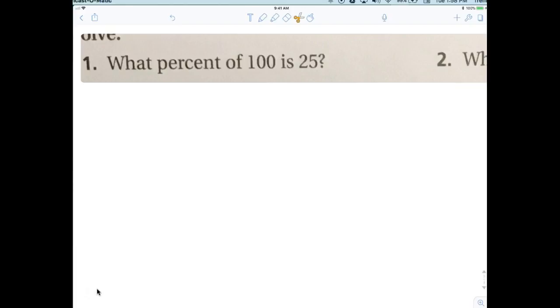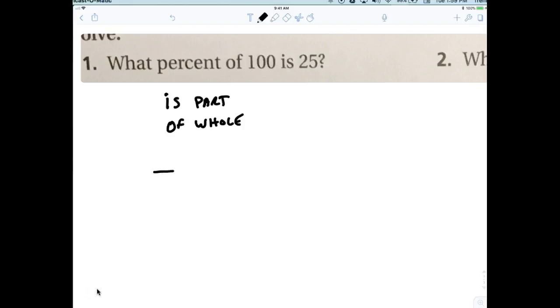Now, we say that "is" is the part and "of" is the whole. Again, that's just a shortcut to remember that.